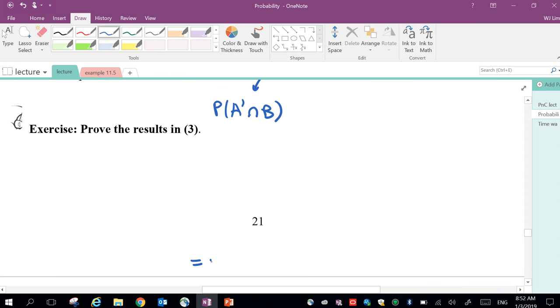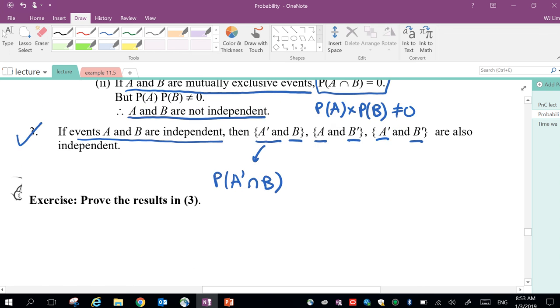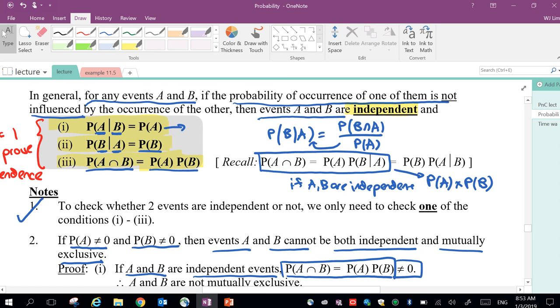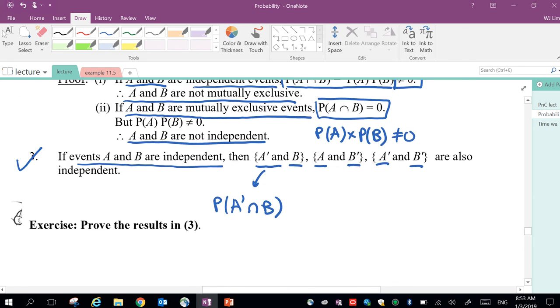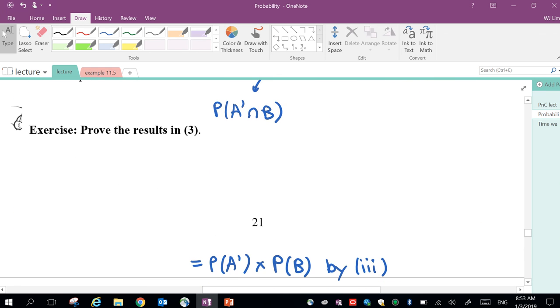They must be equal to P(A prime) times P(B). By condition 3, the one that I highlighted, P(A intersect B) equals P(A) times P(B) when A and B are independent. Likewise, you want to prove A prime and B are independent, so P(A prime intersect B) must be the same as P(A prime) times P(B). Clear? Correct? So that is my end goal.